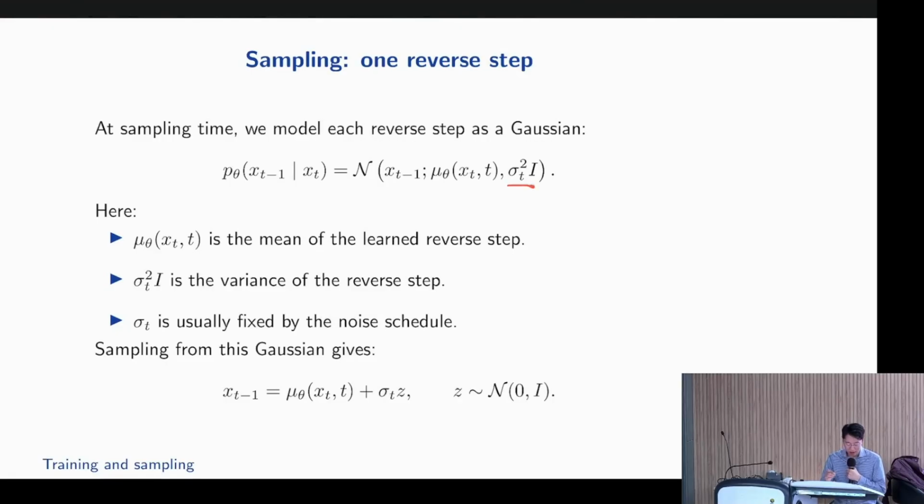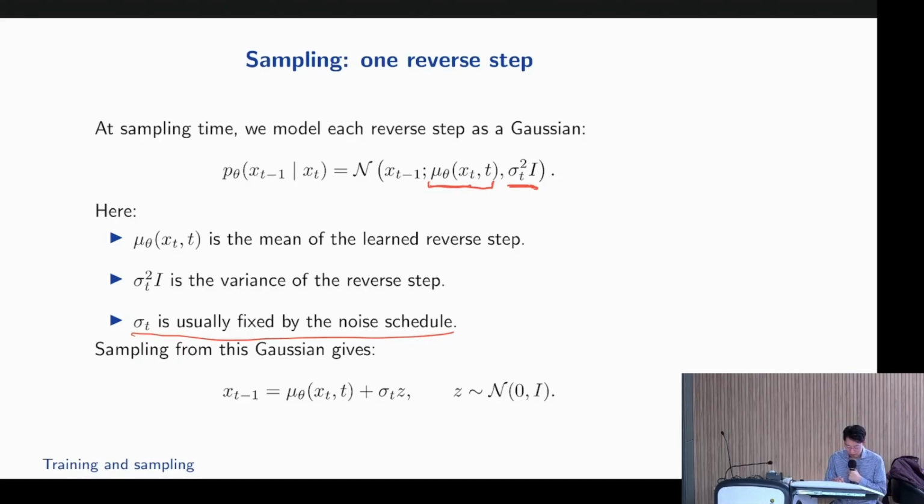Here, let's simplify a little bit. And for the variance, let's just use a fixed variance and just predict the mean parameter given xt and time step t. So sigma t is predetermined noise schedule that depends on time index. And if we want to sample Gaussian with this mean and variance parameter, we can generate the sample this way, right?